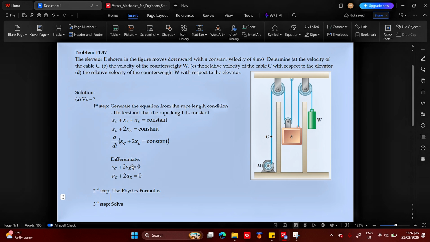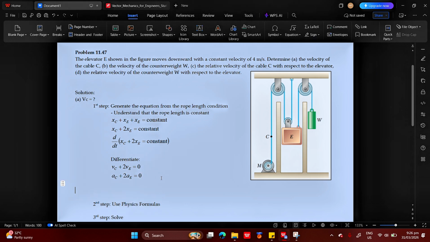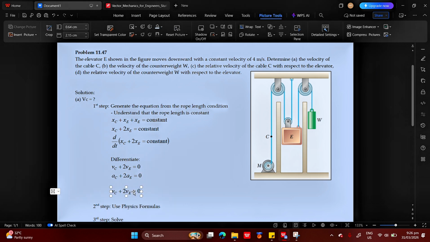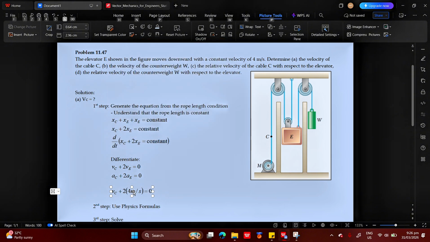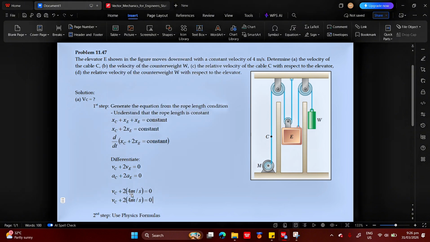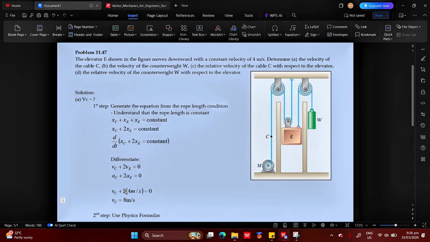Wait first. Okay, so actually we can now compute for the VC without using the physics formulas, because we know that our VE is 4 meters per second. It's already given, 4 meters per second. And then of course it will become 8. Actually, it is negative 8 meters per second if you transpose 8 meters per second to the other side.